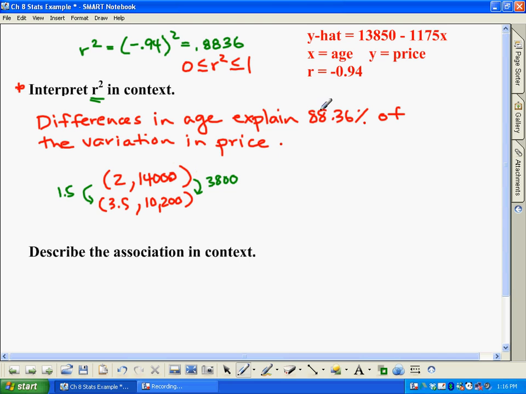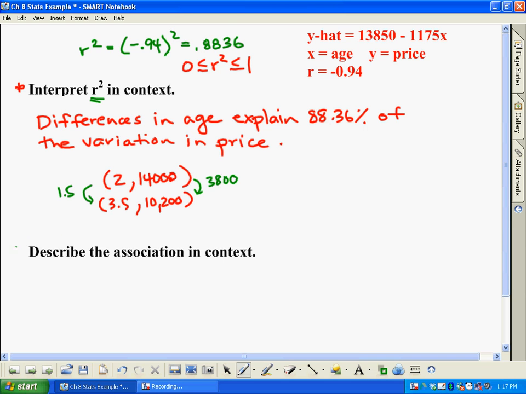And it explains nearly all of it. It explains close to 90% of that difference. Now there's maybe another difference in here. It could be how well the car's been kept up or what model or whatever. But that's what r squared in context is about, how strong of a model this is for predicting as well.